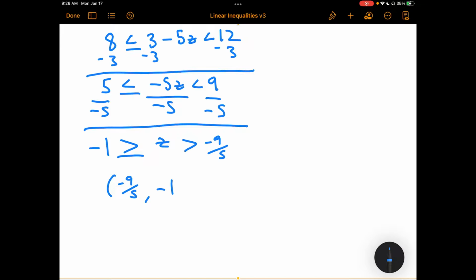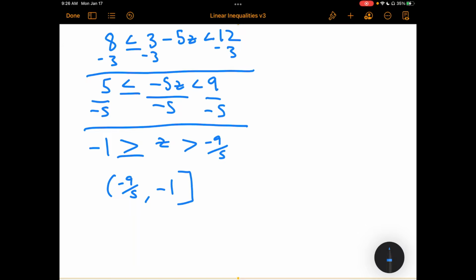But because the negative 1 had an equal to sign, it was greater than or equal to, I'm going to include a bracket here instead of the parenthesis. So I had an open parenthesis on the left-hand side, but a closed bracket on the right-hand side. What that means is, if you were to graph this, z cannot be equal to negative 9 over 5, but it can be equal to negative 1.